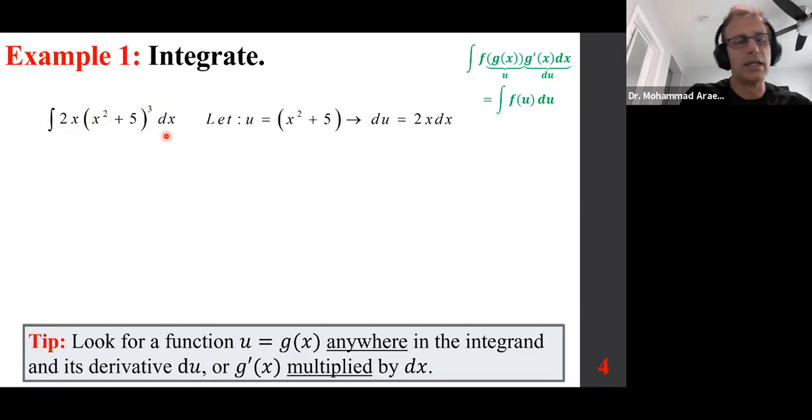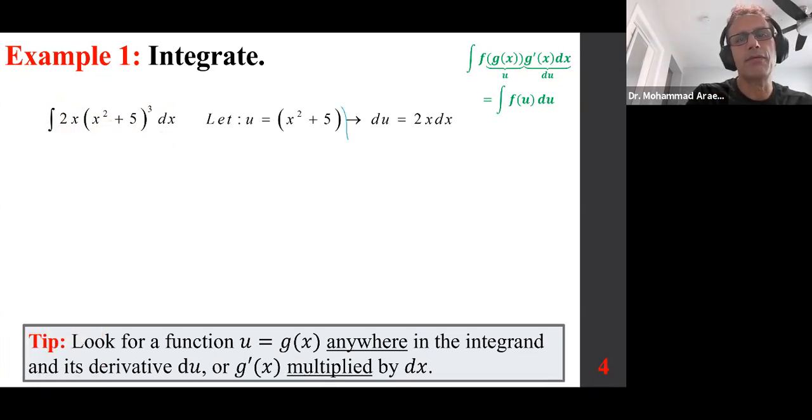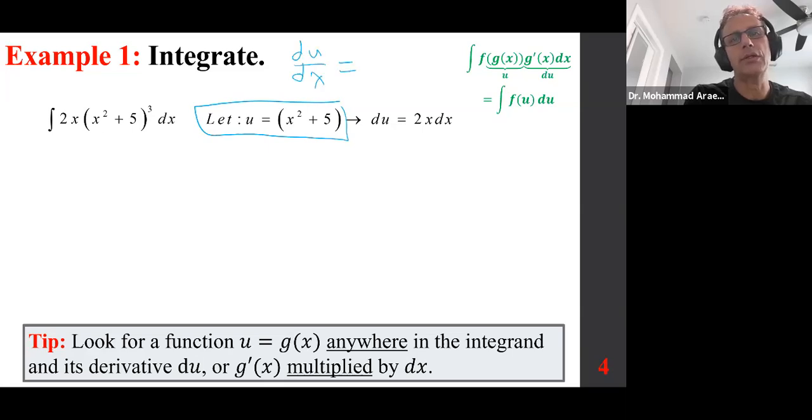If you will, I can write from here du dx is 2x, and therefore du is 2x times dx. Again, just in the beginning, if you want to write that, you don't have to, if you know what du means. So it's good practice to move the 2x next to dx.